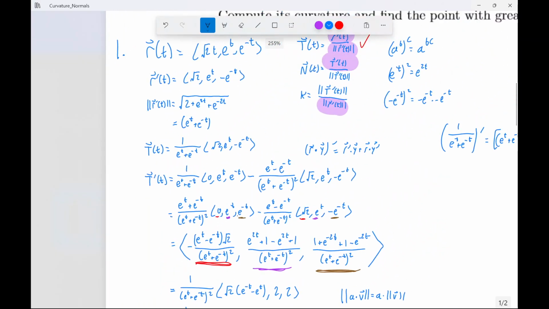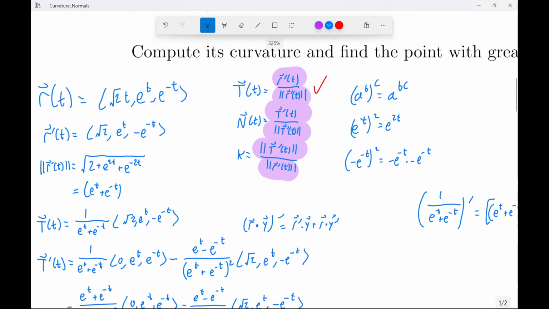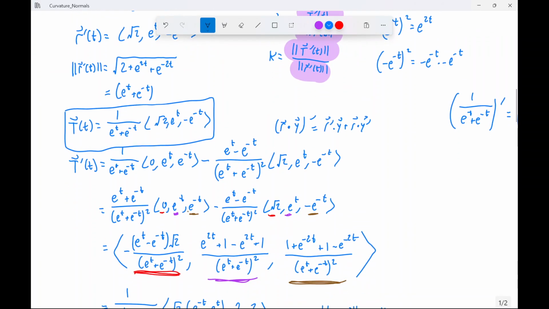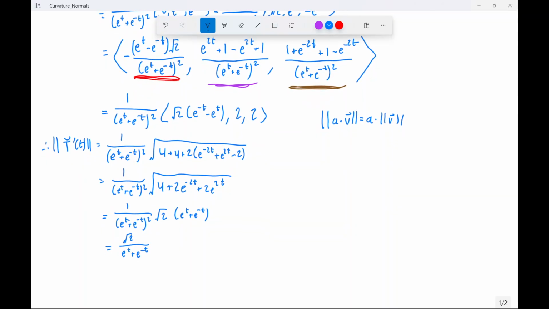Okay. And so now I have these two. So I have everything I need to get my answers. I already found T of t, which is right here. To get N of t, I just have to divide these two. So that's T prime of t, which was this, divided by this.